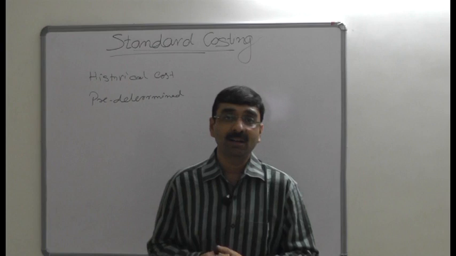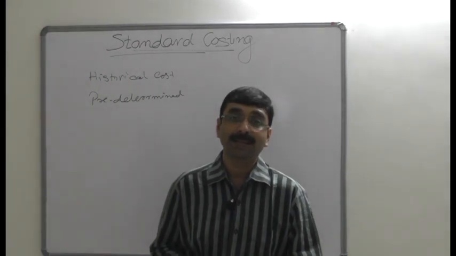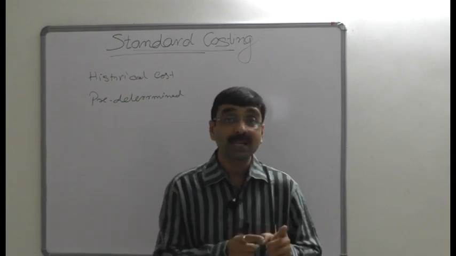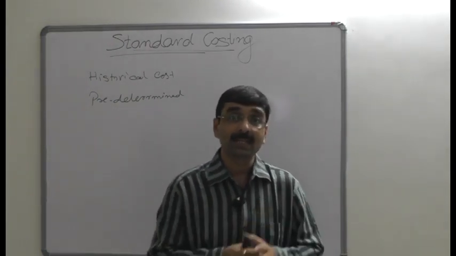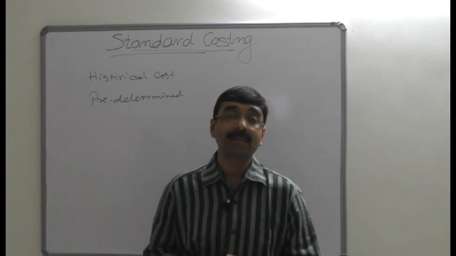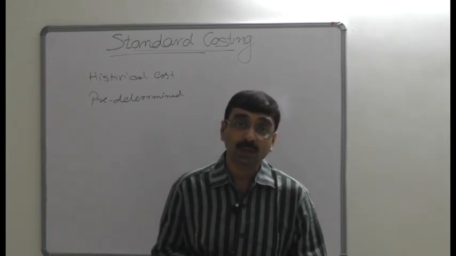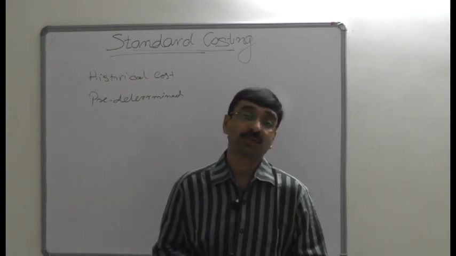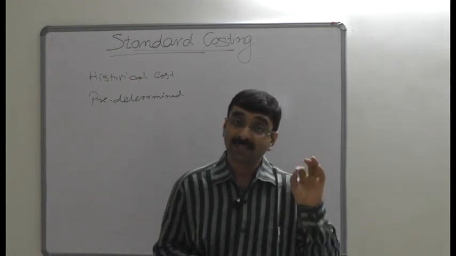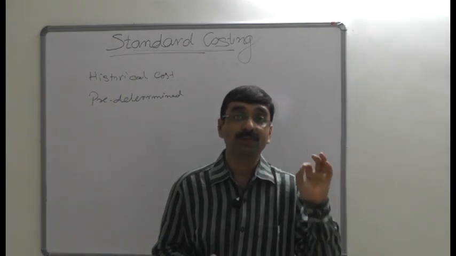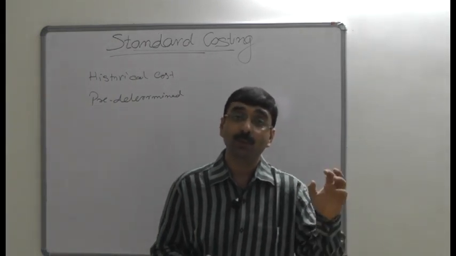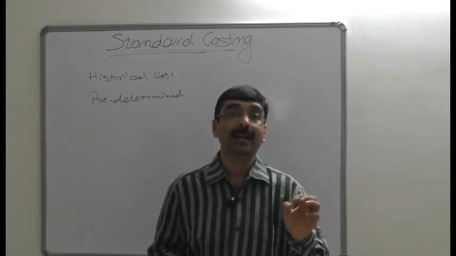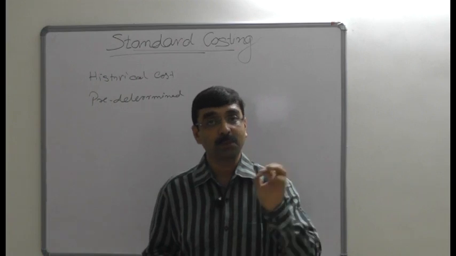Let's explain the points one by one. Let's start with the standard cost. Standard cost is a figure which represents an amount that can be taken as typical of the cost of an article or other cost factor. It means it is a simple value of the particular cost which represents any particular item or product.